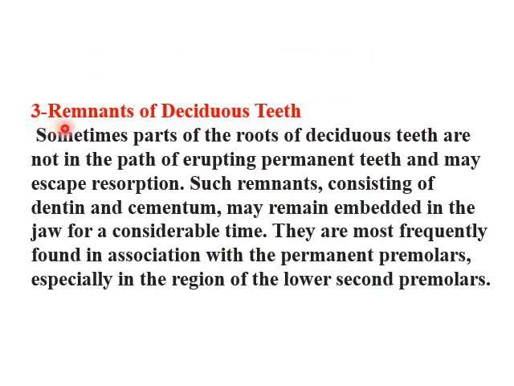Third clinical consideration, remnants of deciduous teeth. Sometimes parts of the roots of deciduous teeth are not in the path of the erupting permanent teeth and may escape resorption. Such remnants, consisting of dentin and cementum, may remain embedded in the jaw for considerable time. They are more frequently found in association with the permanent premolars, especially in the region of the lower second premolar.